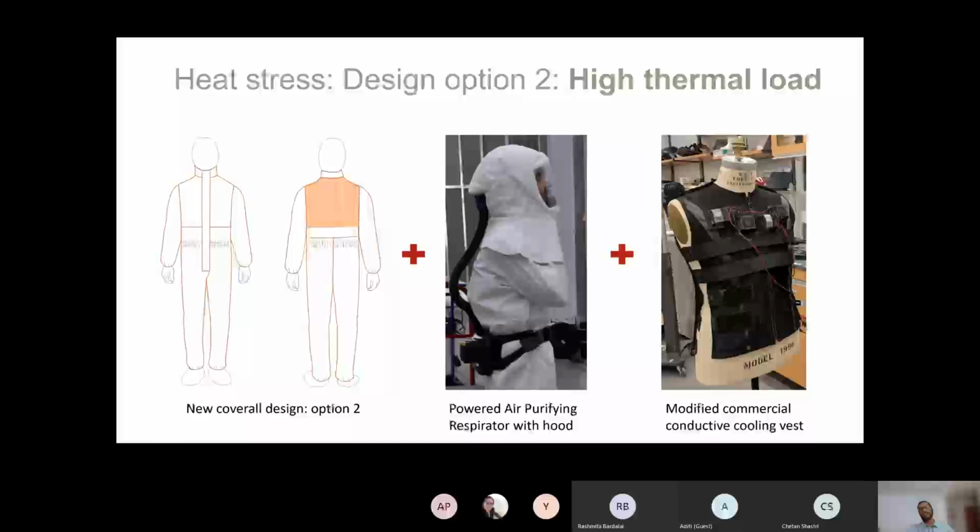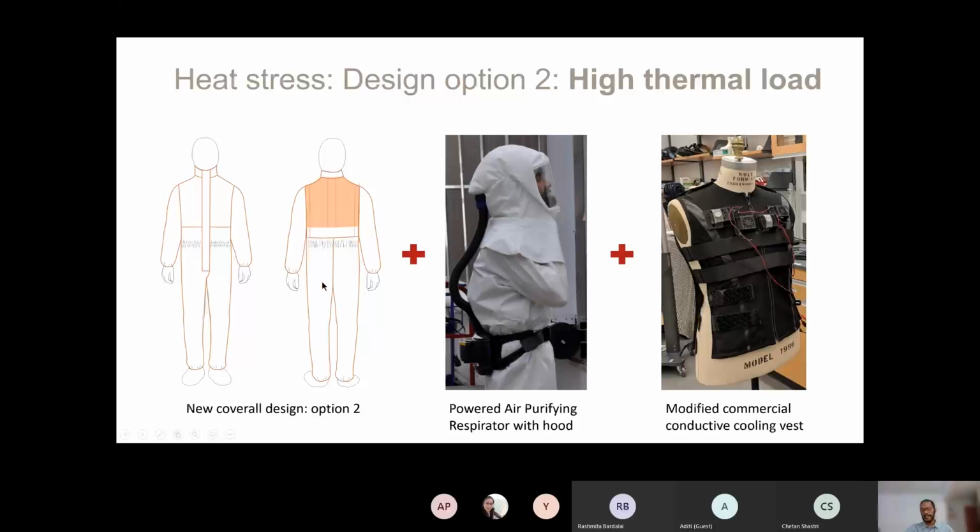Design option two was for when the chemical protective suit needed to be more impermeable, or when the individual walked into an environment where a highly toxic chemical was being sprayed. Could we keep that individual cool by looking at cooling solutions?